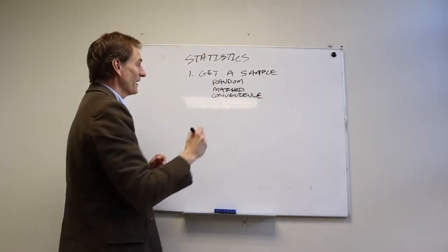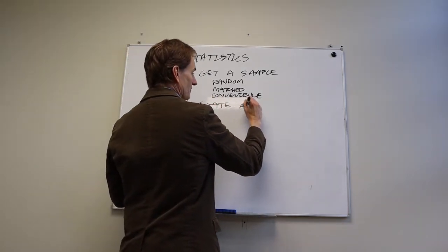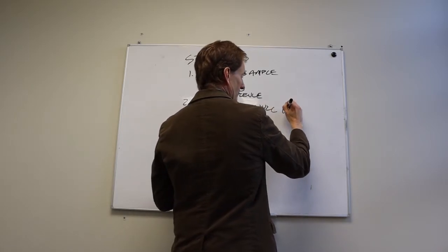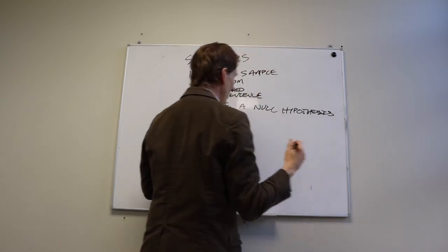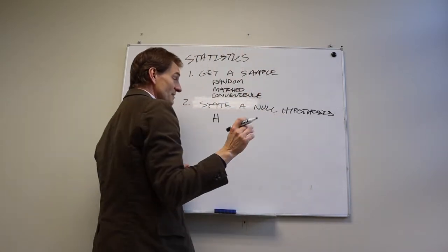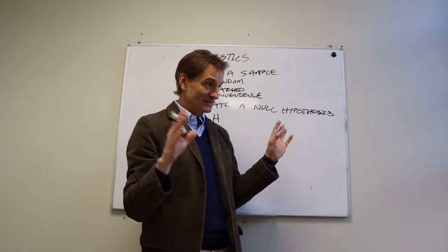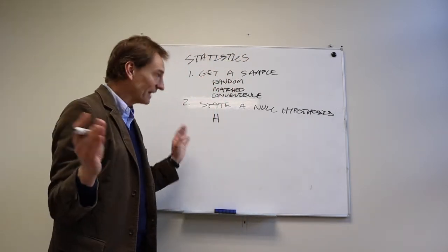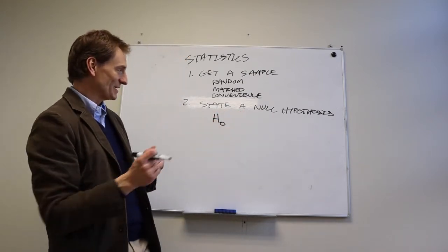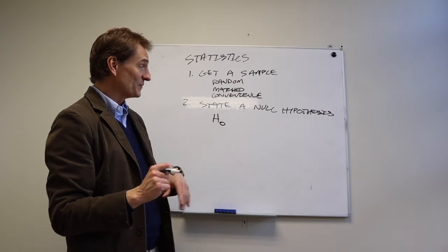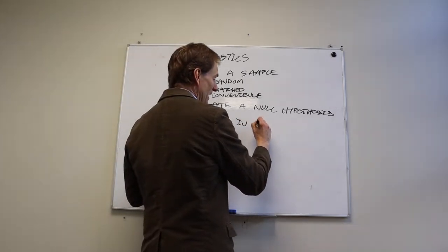The second thing that we do is state a null hypothesis. I wish there was some standardization in statistical nomenclature, but there is not. The null hypothesis is usually represented as H sub 0. What it's saying is that the independent variable has no impact.